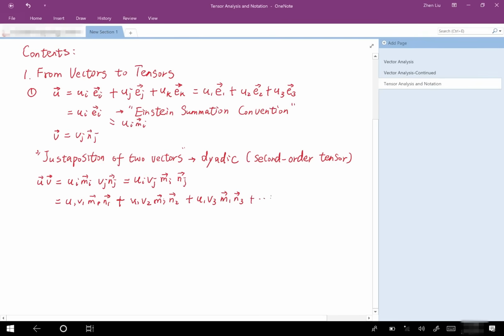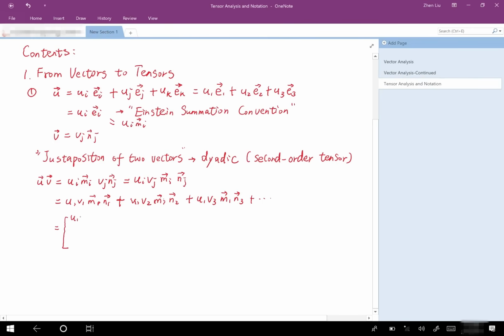So this is an index summation with Einstein convention, and the second row is the full notation, and we can also write down the tensor here using the matrix notation.